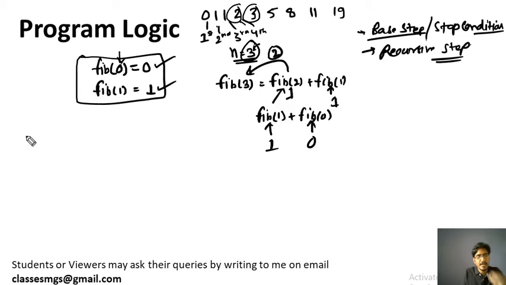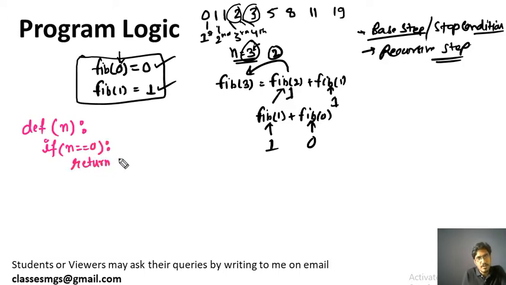Okay, let me write down the definition of the recursive function and explain it to you. Let's suppose this is the definition. def, n we will pass, and if n equals to 0, we will simply return 0. This is the zeroth term of the Fibonacci series, which is 0.